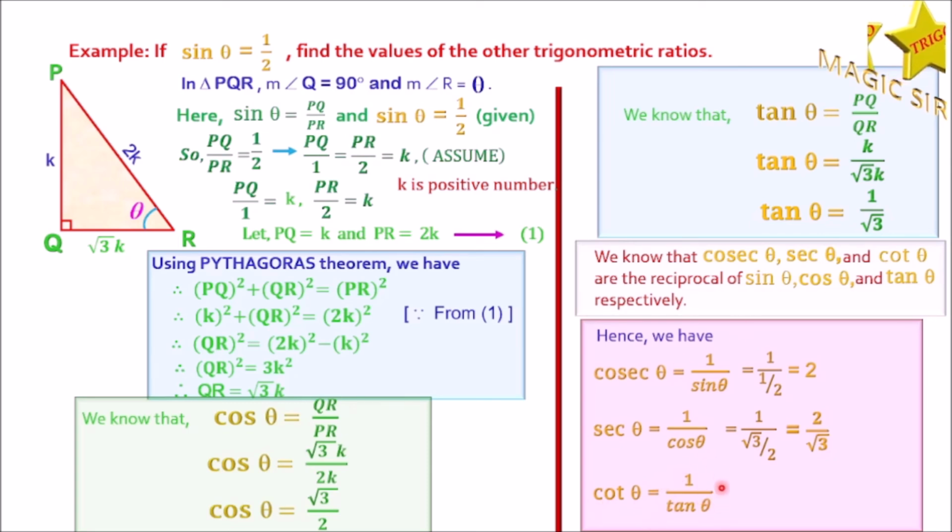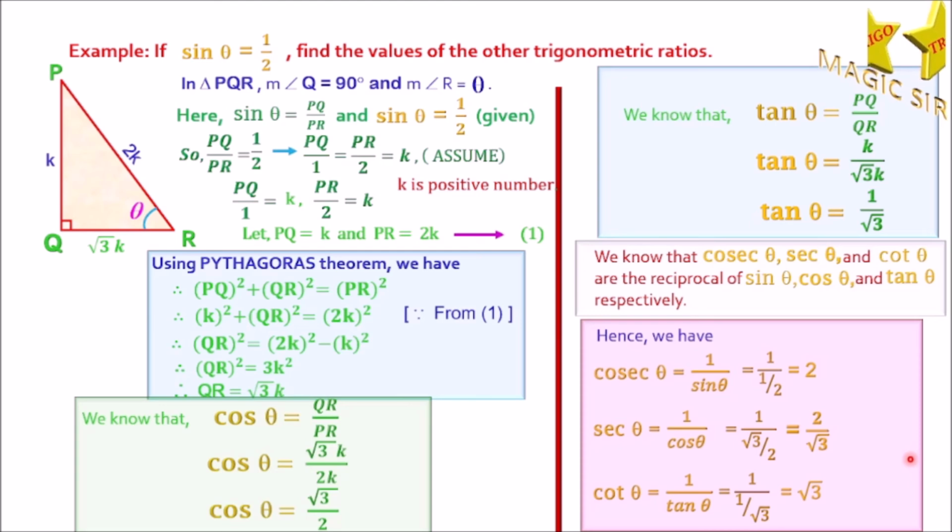Cot theta is equal to 1 upon tan theta because cot theta is the reciprocal of tan theta. But we have found tan theta equal to 1 upon root 3. So cot theta equal to 1 upon 1 upon root 3. So simplifying we get cot theta is equal to root 3.